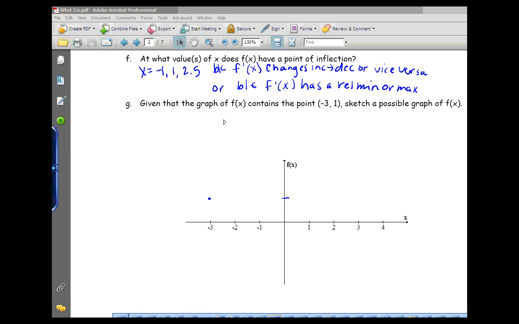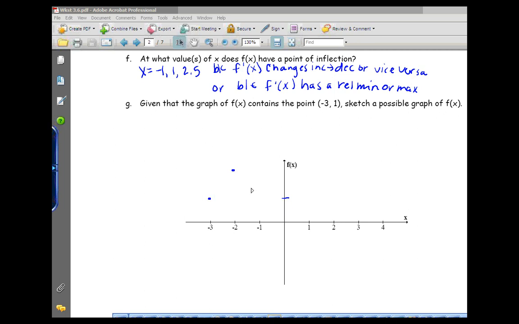So we know that f of x is increasing from -infinity to -2. So therefore, I have a maximum at -2. I don't have any idea what the y value of that maximum is, and it doesn't matter. I can put it anywhere up above the point -3, 1.